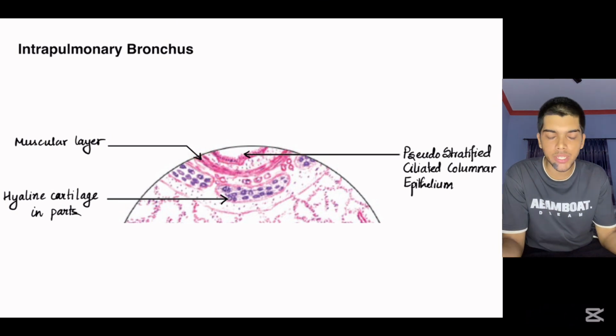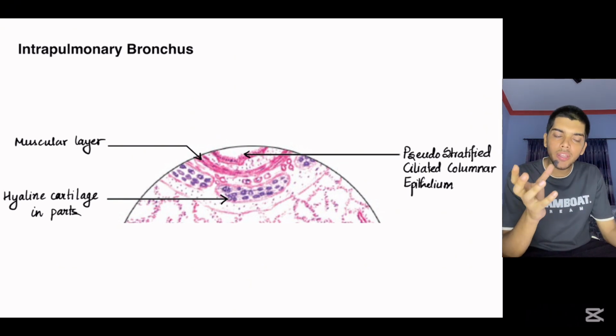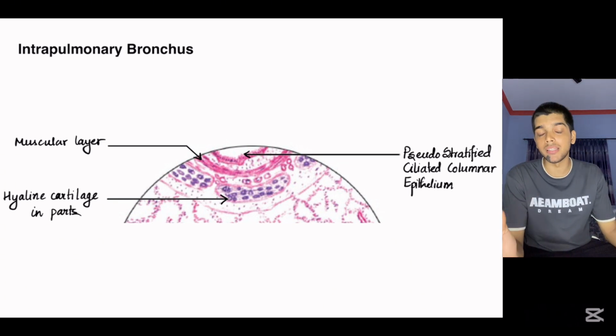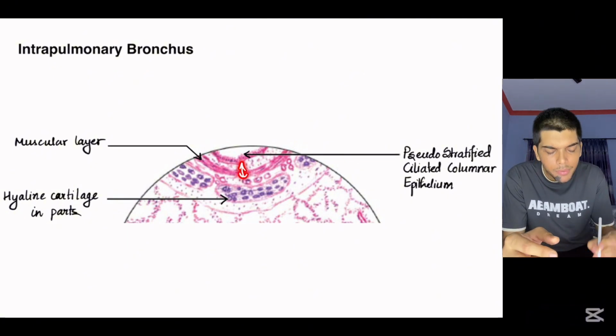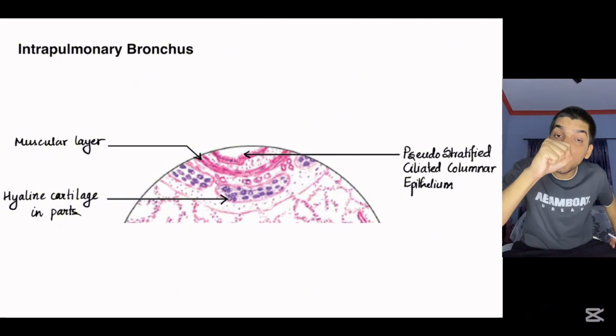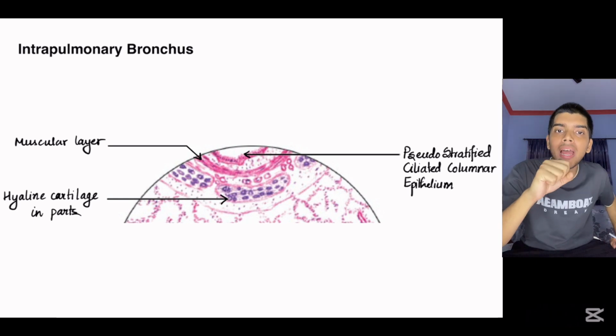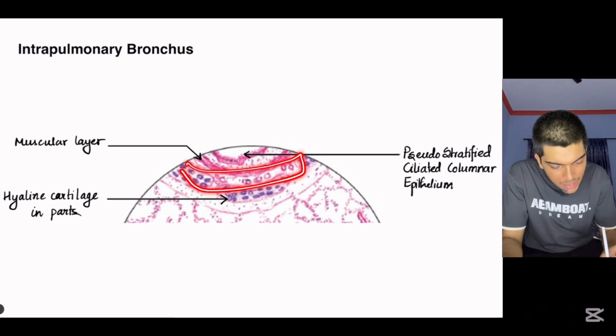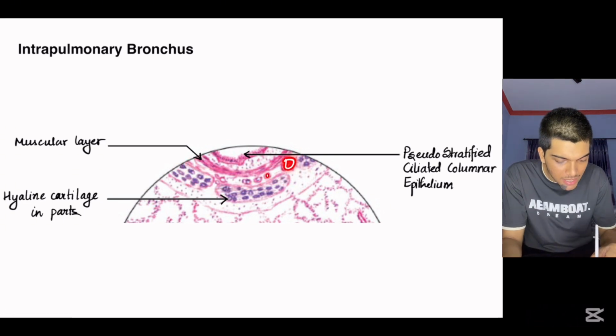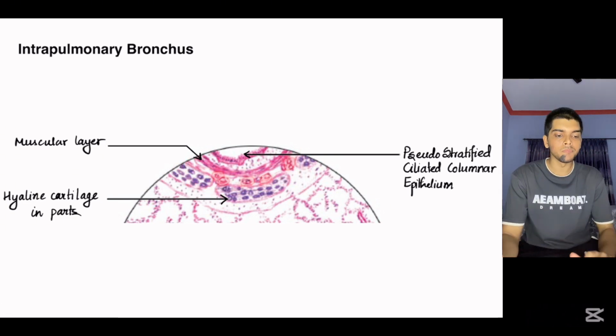The significance is that during asthma, there is hypertrophy of this muscular layer. As a result, there is thickening of the muscular layer, constriction and narrowing of the lumen, and difficulty breathing. The submucosa contains the submucosal glands. These are the submucosal glands.